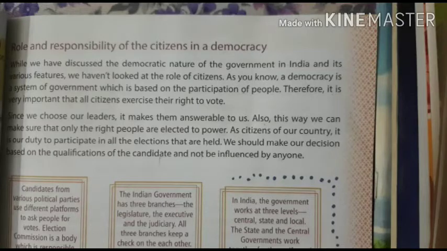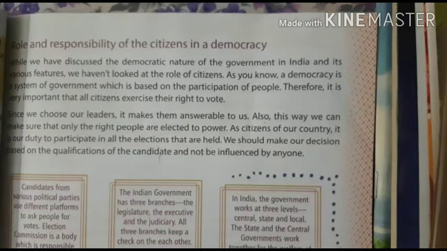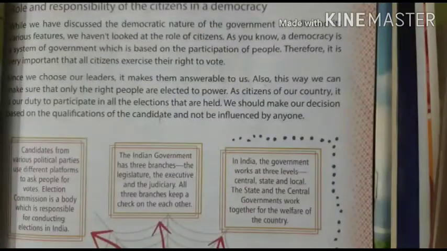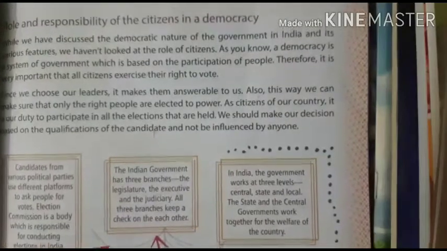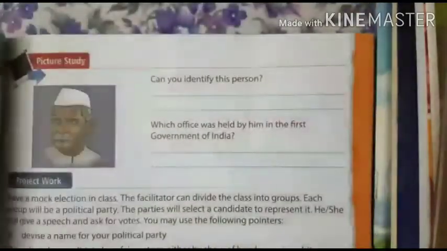This will help in improving our nation, so that our nation can grow in a better way and live in peace and harmony throughout the coming years. So I hope you are clear with this chapter, democratic government.